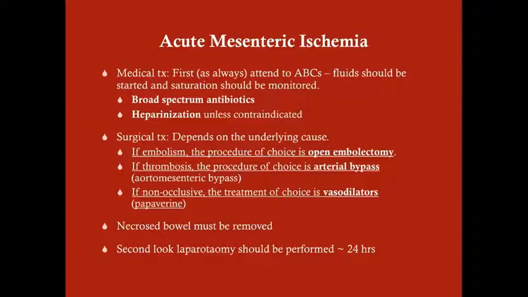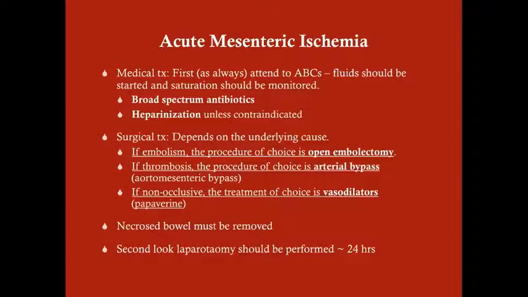You want to start broad-spectrum antibiotics. Why? Because we're prophylactically concerned about sepsis. A lot of these patients will go on to develop sepsis if you don't give them broad-spectrum antibiotics. So we're going to want to make sure that we're covering everything, but particularly the gram-negatives and anaerobes. So things like second-generation cephalosporins, cefoxitin, cefotetan, those are good drugs to give.